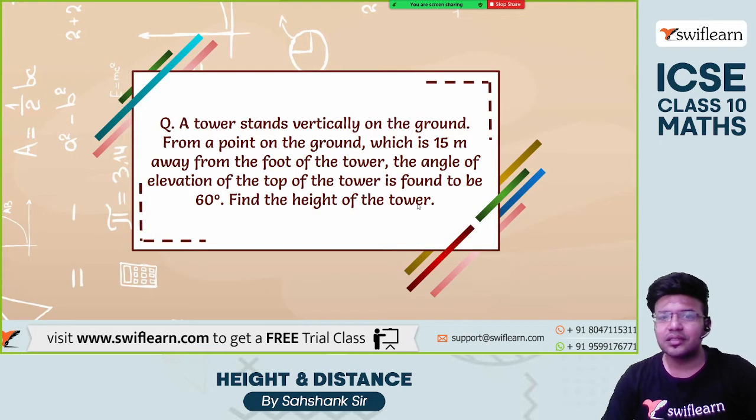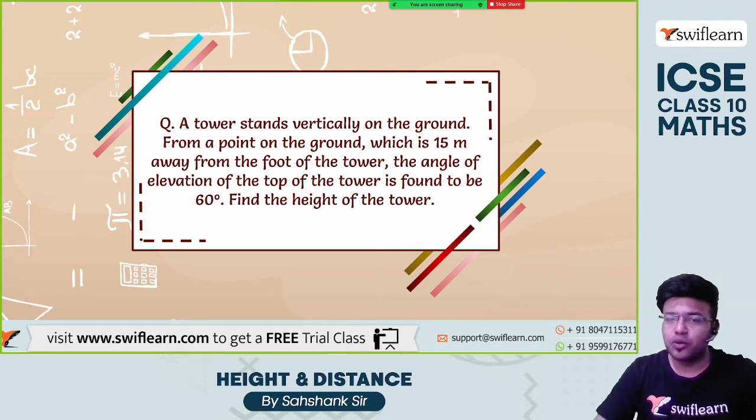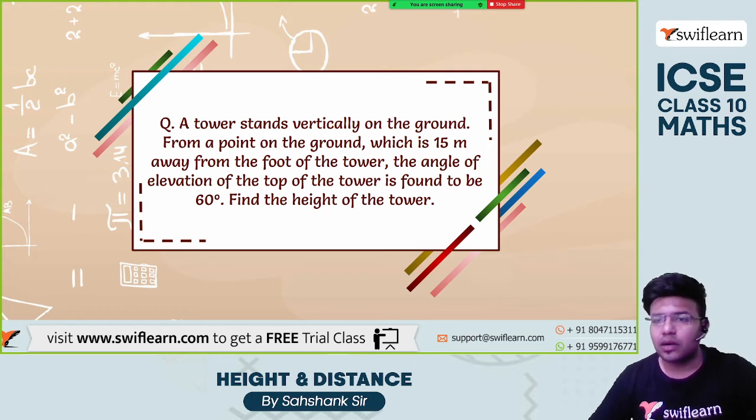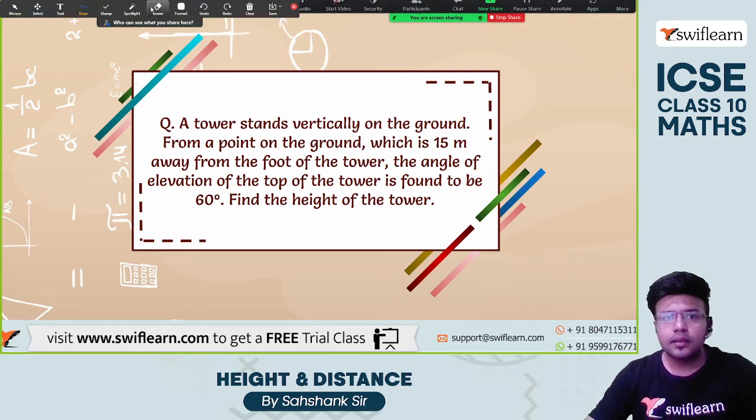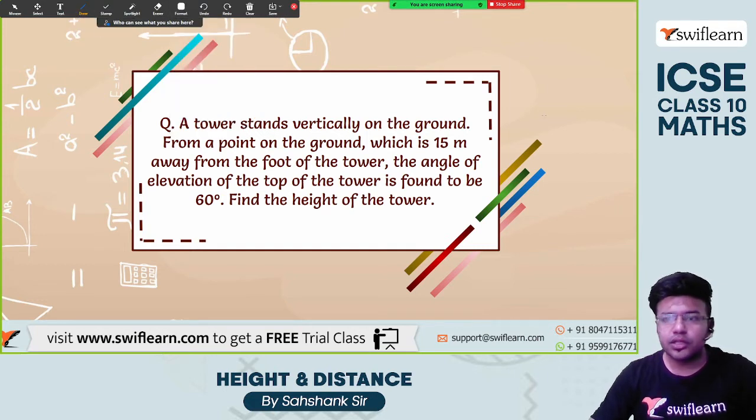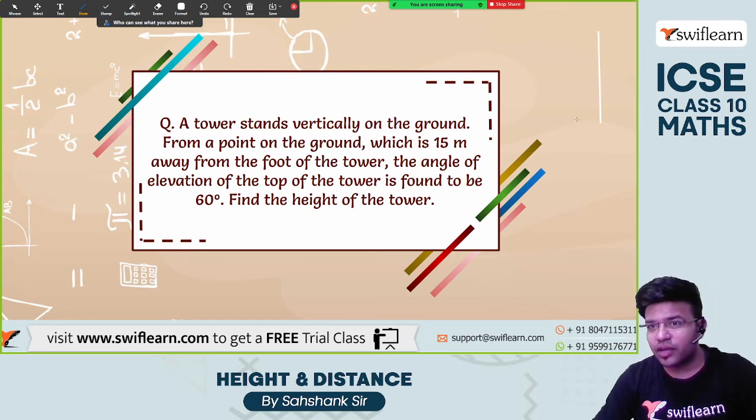Problems on heights and distance. Let us solve some problems on heights and distance. A tower stands vertically on the ground. From a point on the ground which is 15 meters away from the foot of the tower, the angle of elevation of the top of the tower is found to be 60 degrees. Find the height of the tower. So there is a tower, and we are standing 15 meters away from the tower.